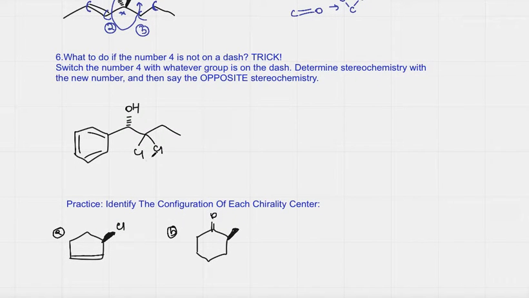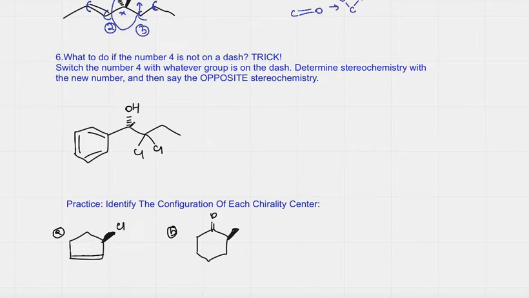I have a molecule here, and the first thing I do again is find a chiral carbon, which is a carbon that is connected to 4 different groups, and I see a dash here, so that's a good start. So I see the carbon here has a dash OH.